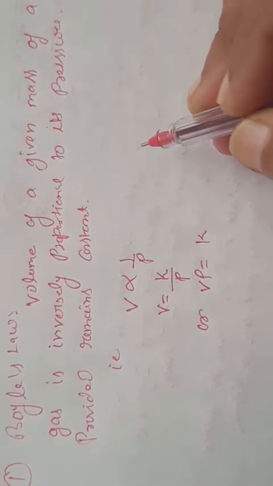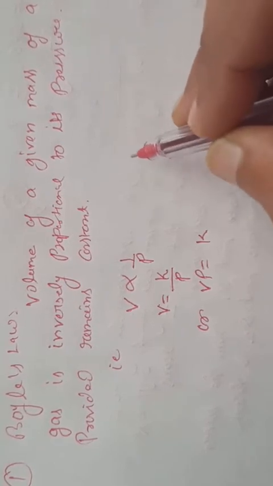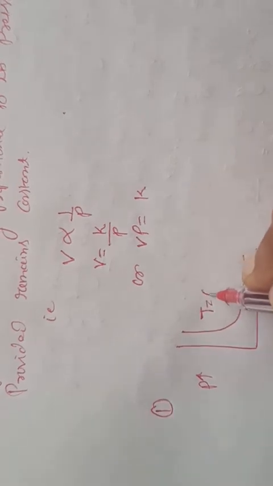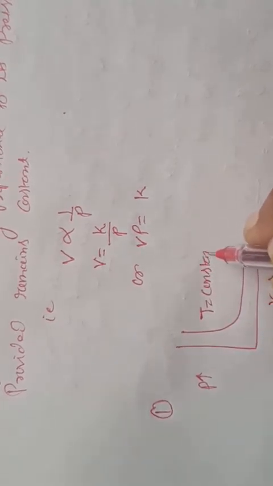And we draw the graph between V and P. If we consider volume on the horizontal axis and pressure on the vertical axis, then the graph is like this, showing an increase in volume shows a decrease in pressure when temperature is constant.